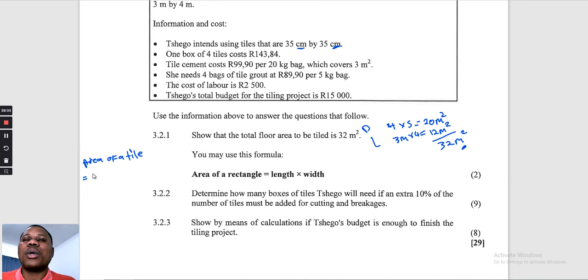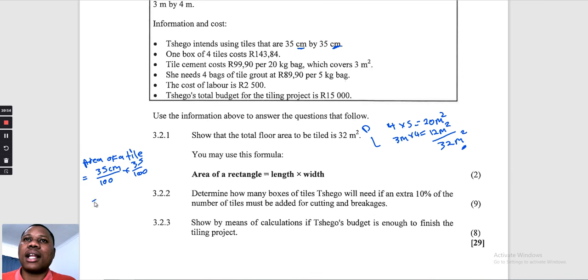So when we need the area of a tile, we're going to say 35 centimeters divided by 100, because we are converting centimeters into meters.